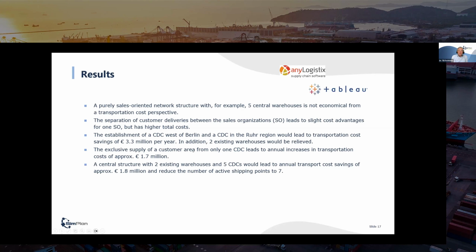We also tested what happens if we supply the customers only from one CDC. Currently, the customers can be supplied from each shipping point or each factory. We wanted to evaluate what happens if a customer is assigned to only one CDC, and we find that the transportation costs are increasing by 1.7 million euro.